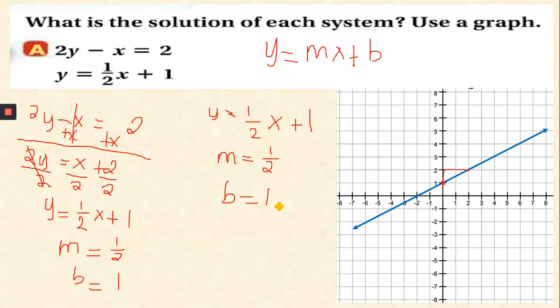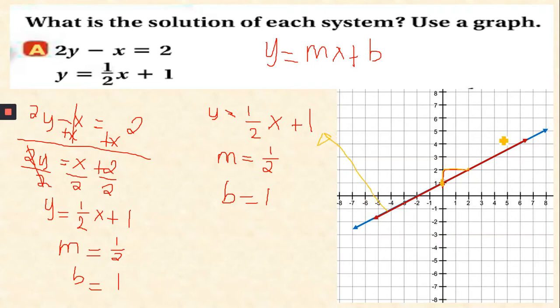Your y-intercept is positive 1, so it is here. From your y-intercept, we're now going to move according to your slope. Your slope has a numerator of 1, meaning 1 up, and then denominator of 2 run to the right. So here is the location of the second point. Then, connect the points. That is now the graph of the second equation.